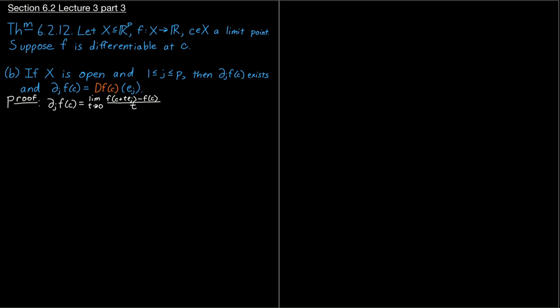Looks like our limit definition of regular derivative from back in chapter 2. And you can also write it as fj prime of 0, where fj of t is defined to be f of c plus t times ej.